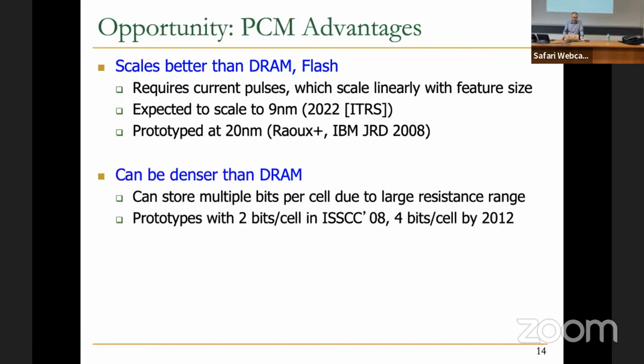It can be denser than DRAM because, first of all, it can scale down better, but also it can store multiple bits per cell due to the large resistance range. There are some prototypes with 2 bits per cell, like in this paper at the ISSCC conference, and 4 bits per cell in another prototype in 2012.